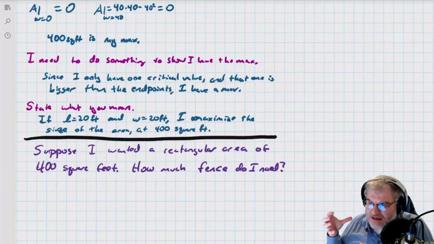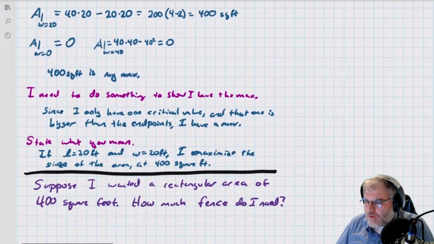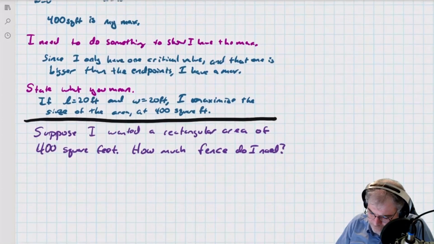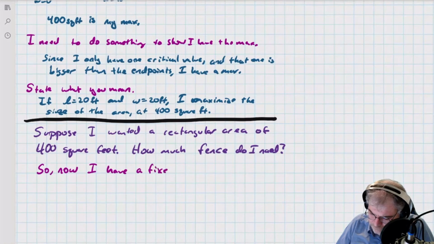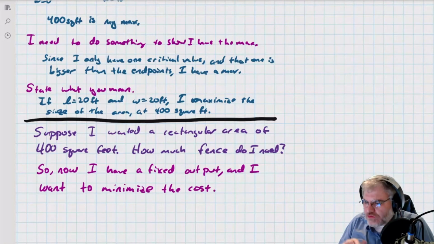Now I've got a fixed output, and what I want to do is minimize the cost. Okay, so 1 to 5, how do we feel about this little change in setup here?